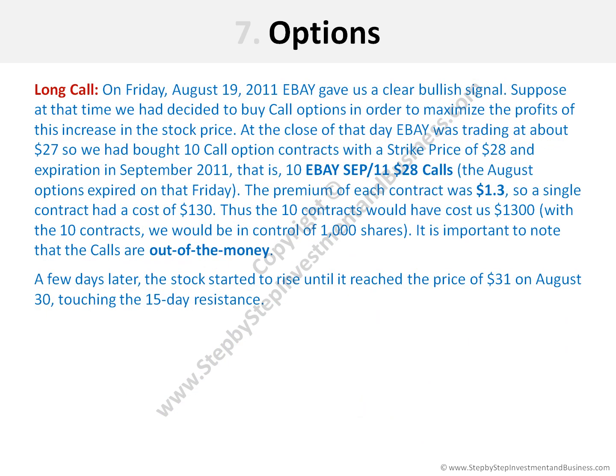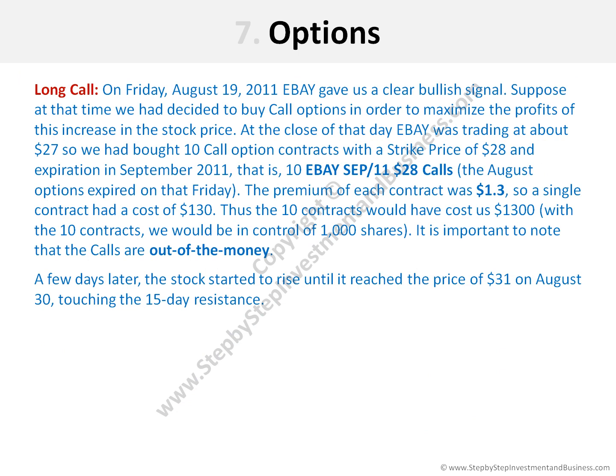As we said, on Friday, August 19, 2011, eBay gave us a clear bullish signal. Suppose at that time we had decided to buy call options in order to maximize the profits of this increase in the stock price.